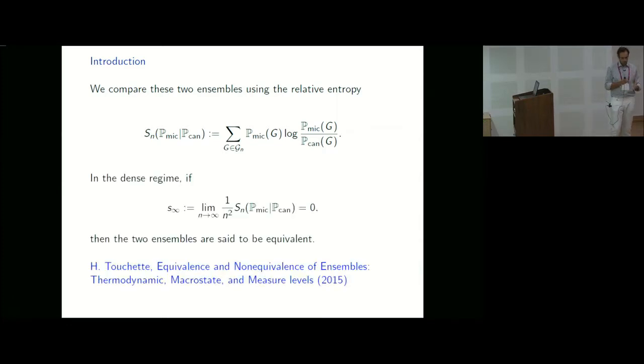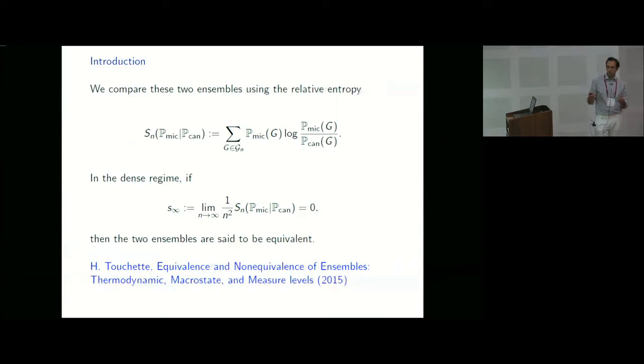And always in the dense regime, if this relative entropy in the limit, with the scaling n squared, is equal to 0, then we say that the two ensembles are equivalent. This idea of ensemble equivalence, at least I got familiar with it from the paper by Touchette, where it was first introduced.